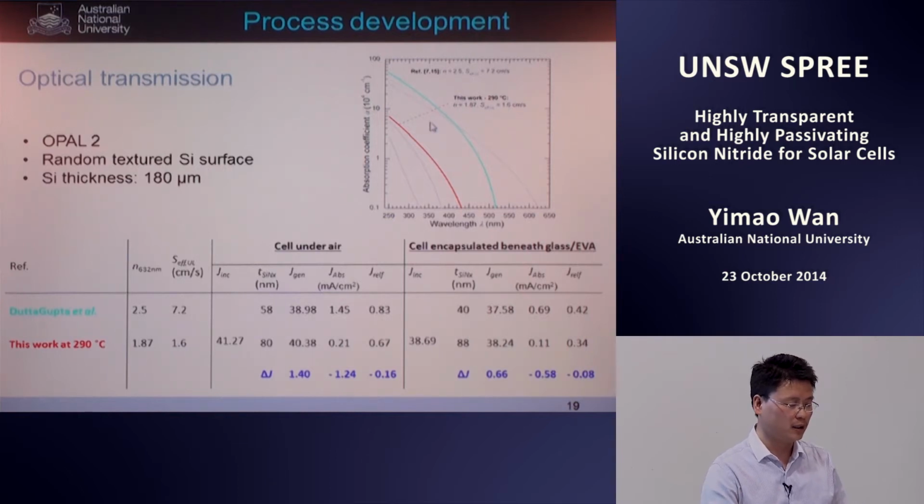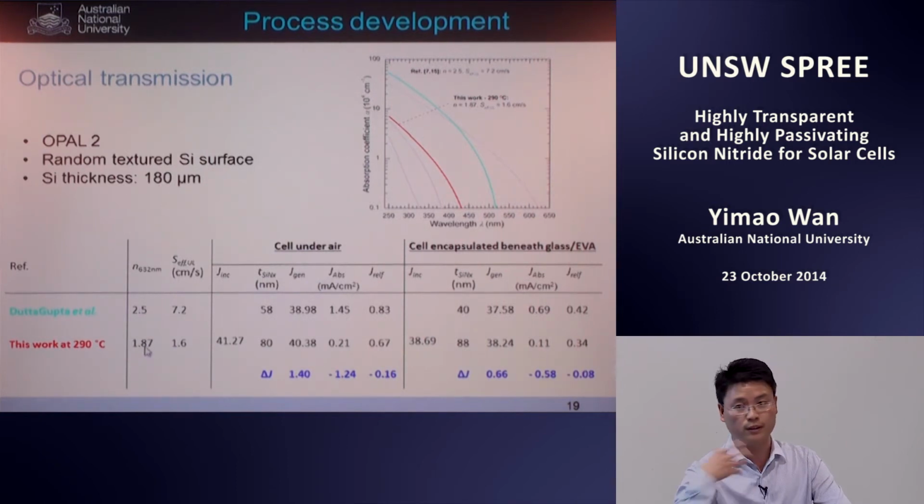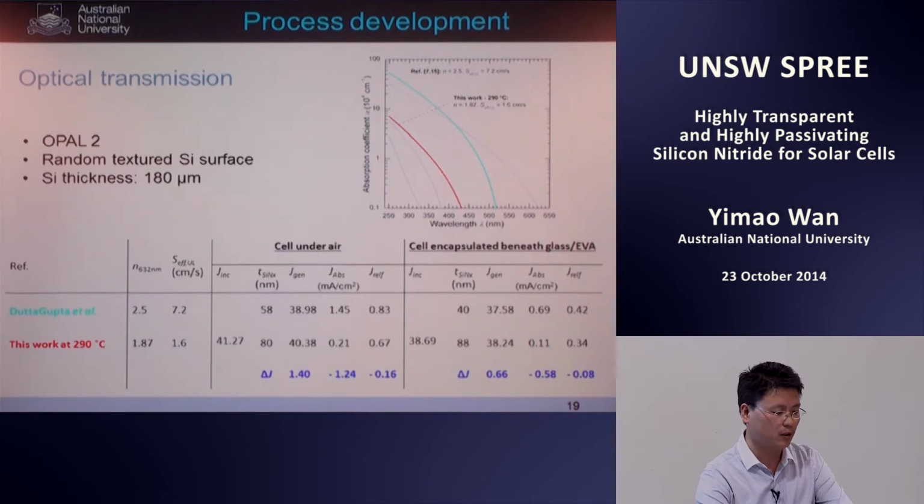And from the optical simulation by OPAL, we can show some advantage of the low absorption, or high transmission, of our film. Our film has a refractive index close to 1.9, which is close to stoichiometry, and the recombination is 1.6 centimeters per second on p-type wafer.